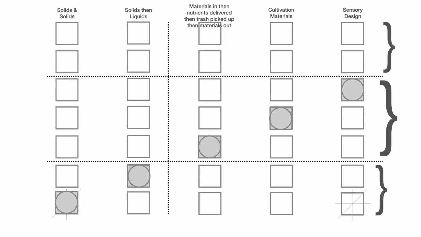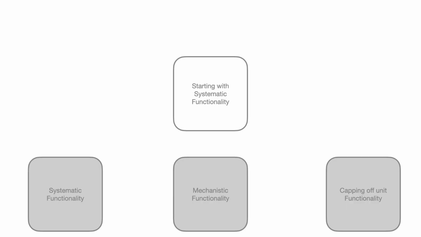And for a systematic unit, it's really the systematic functionalities that eventually we'll touch on, functioning for the systematic functionalities themselves for the systematic unit, and then also including the systematic parts helping with the mechanistic functionality, and then lastly the systematic parts helping with just capping off a unit functionality.